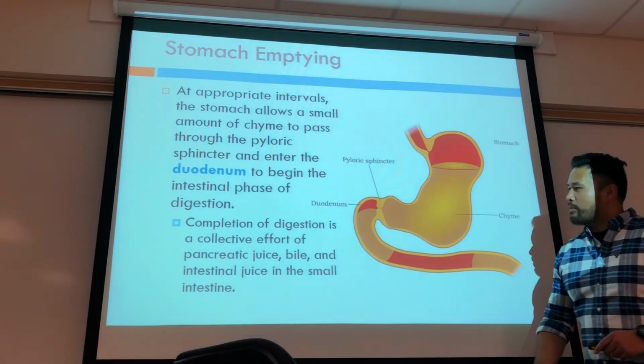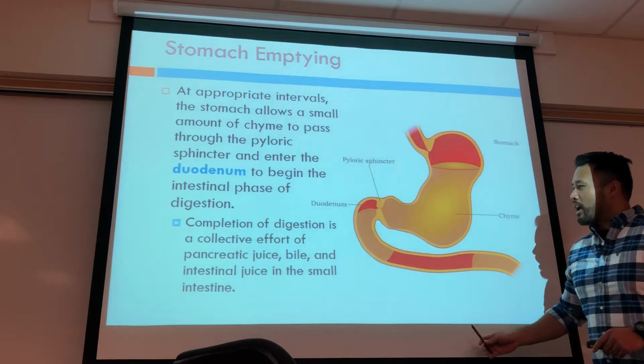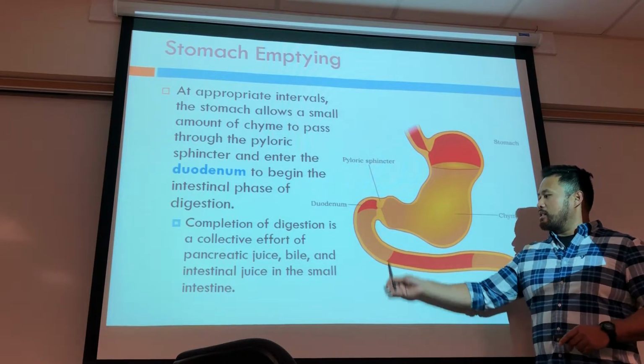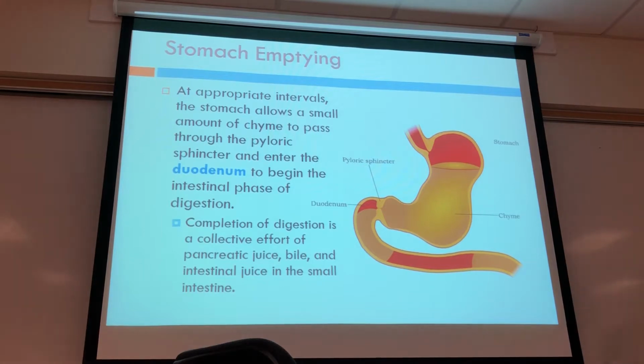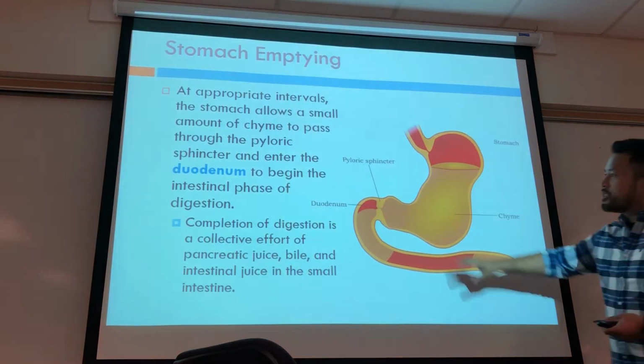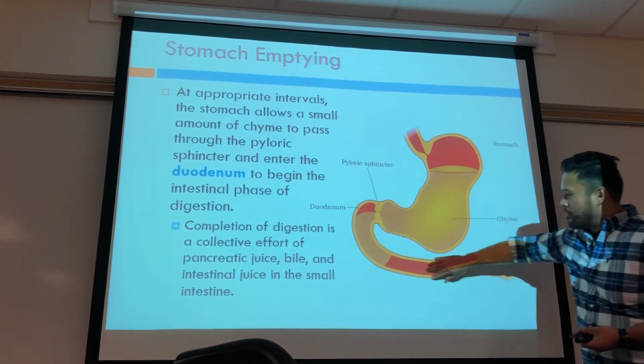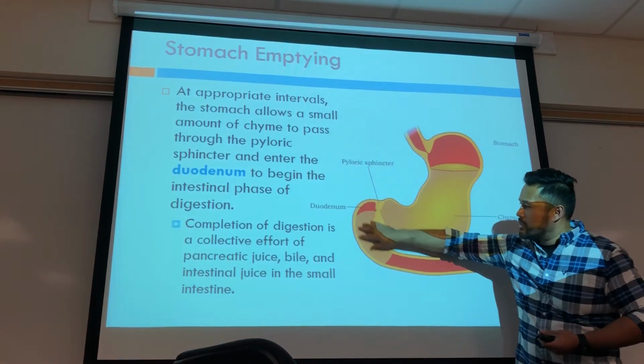We're going to get pancreatic juice, we're going to get bile, and all the other secreted enzymes that are going to dump into the small intestine. And this is how we continue digestion, especially within the beginning, the duodenum, which is going to be the first 12 inches of the small intestine.